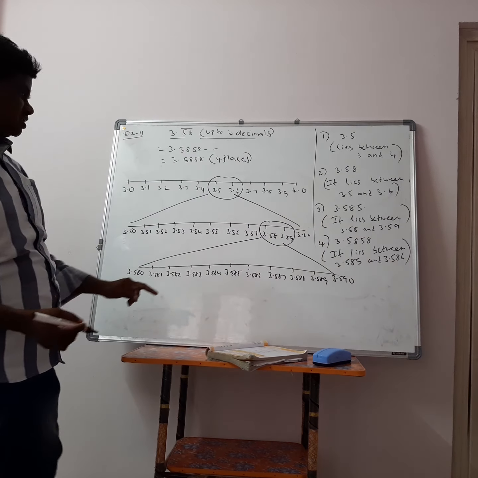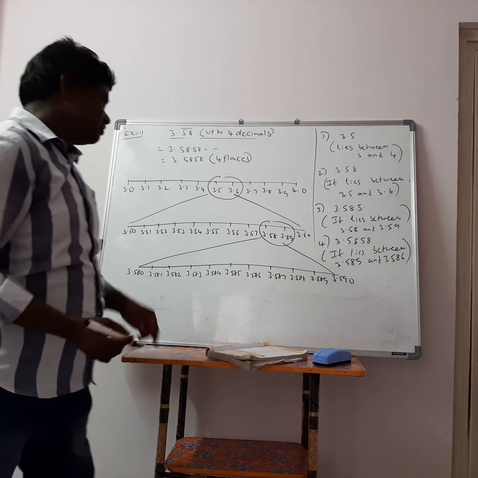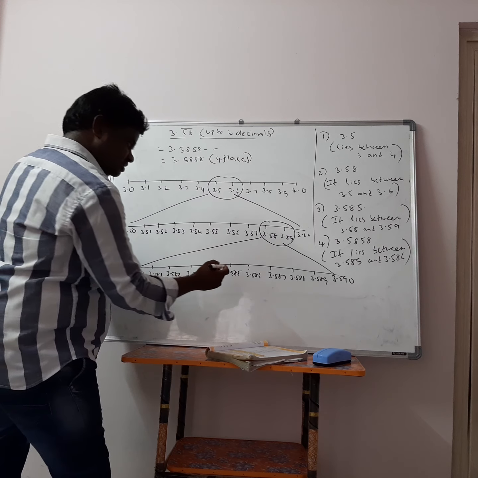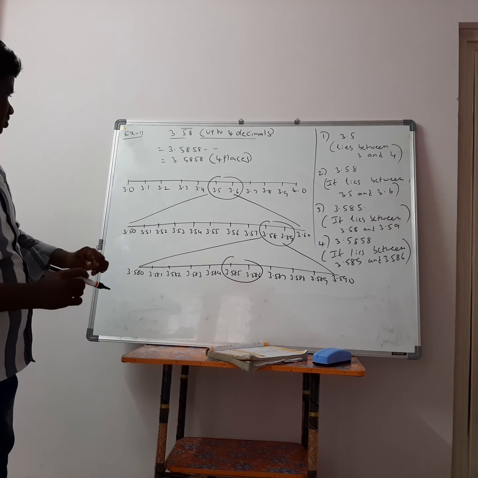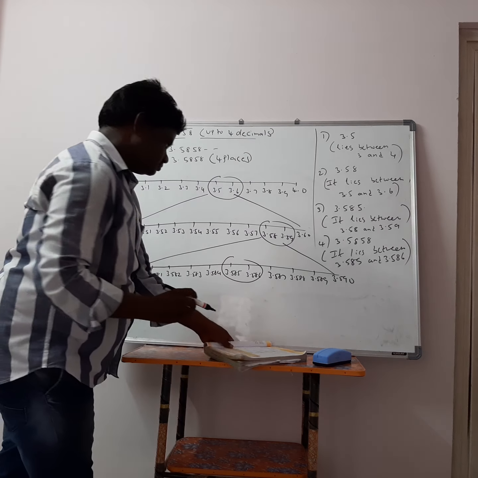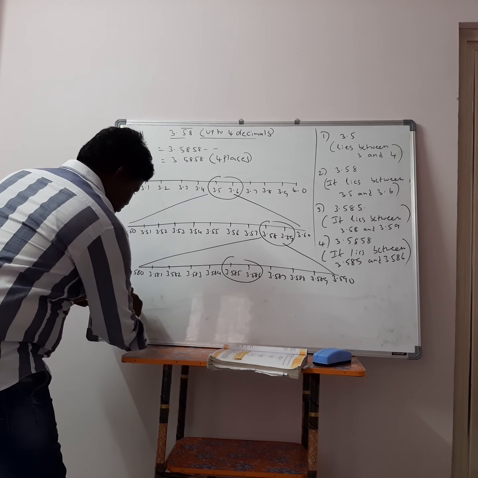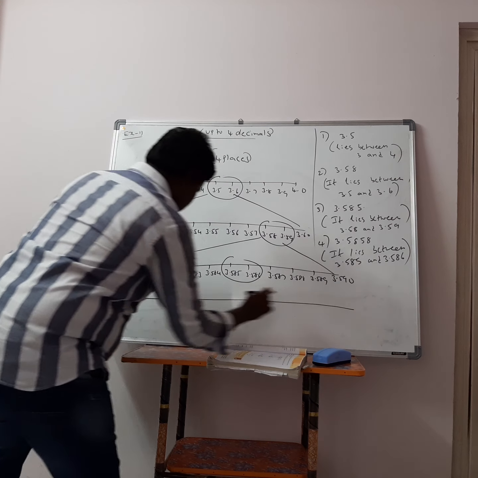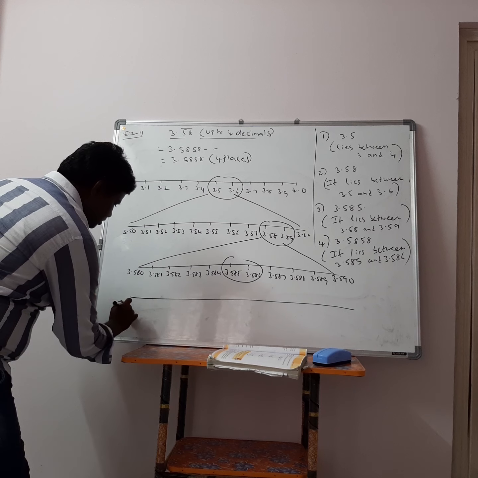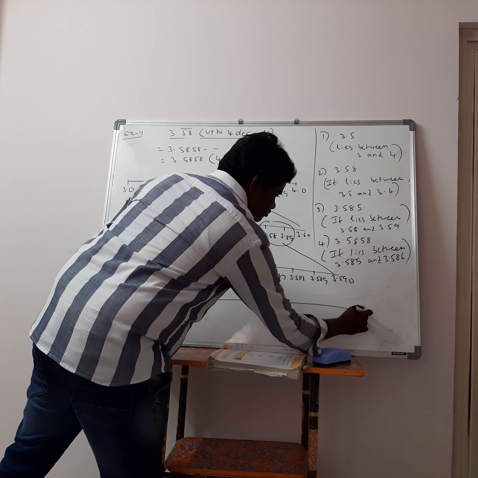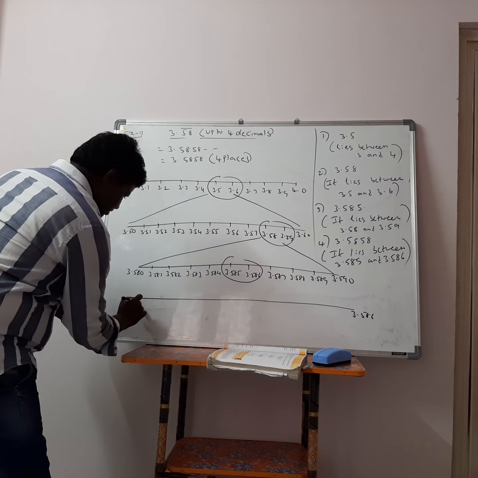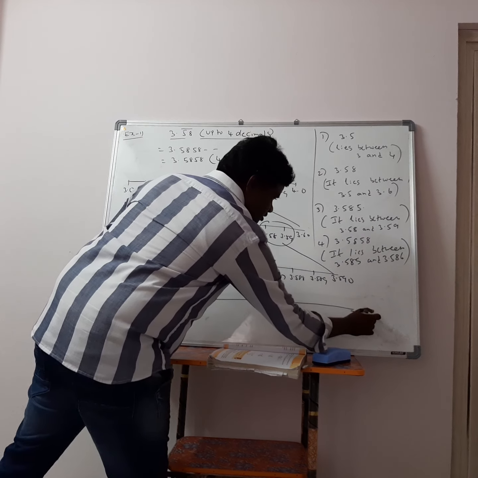After that you get 3.590. So you have to take 3.585 and 3.586. So this is the last step, you have to draw this one at the end. 3.585 means 3.5850, and 3.586 means 3.5860.